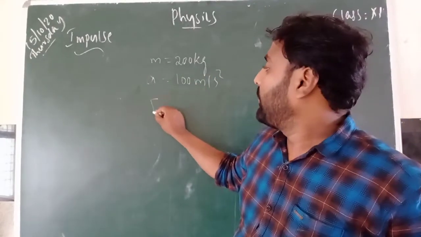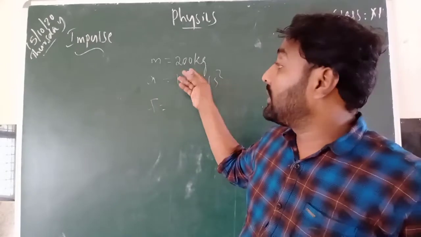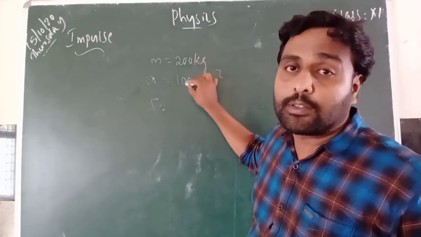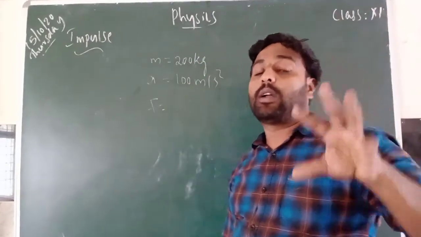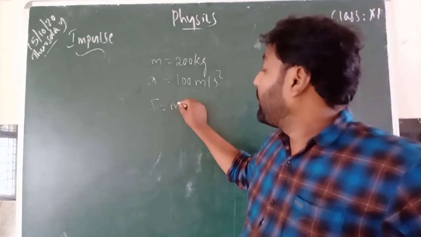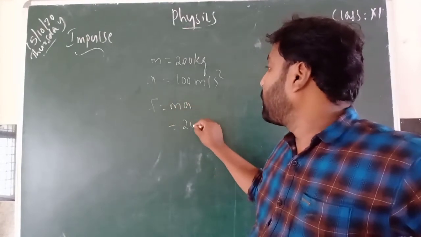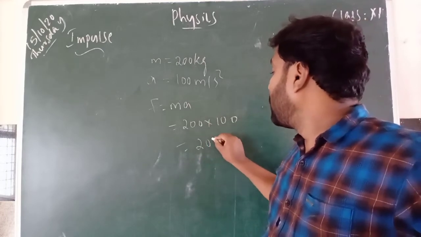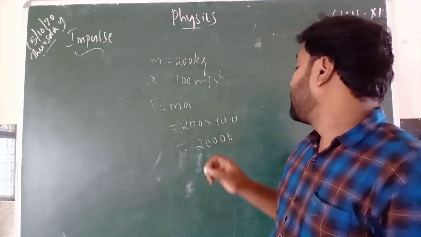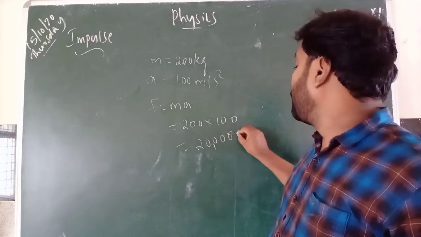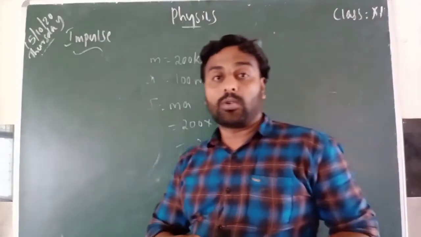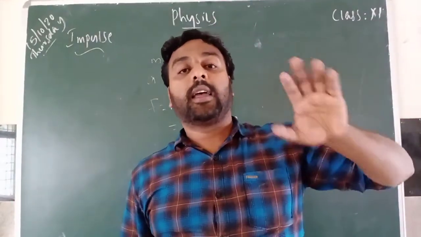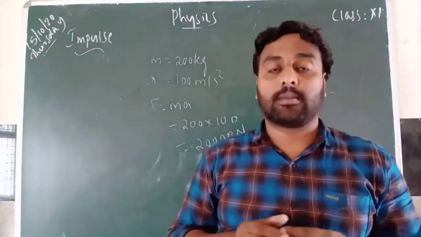If we calculate the force produced by this 200 kilogram motorbike moving with an acceleration of 100 meter per second square, we get 200 into 100, that is 20,000 Newton. So you see, 20,000 Newton force is acting on that big vehicle.